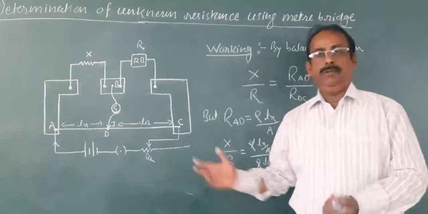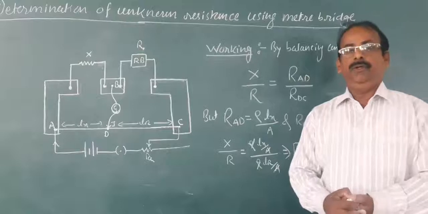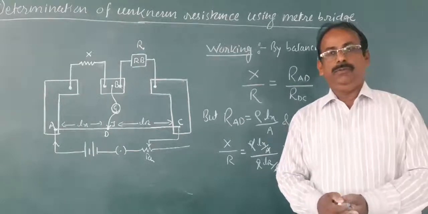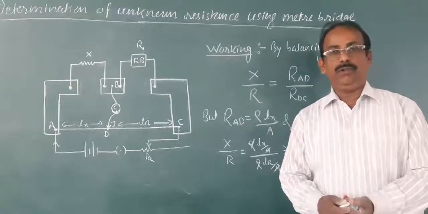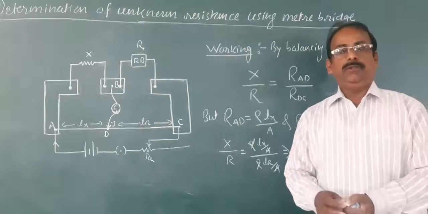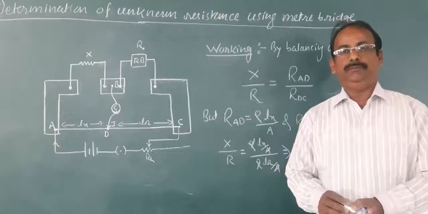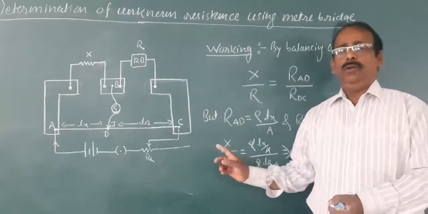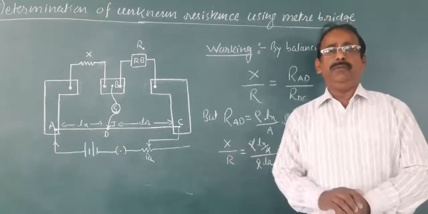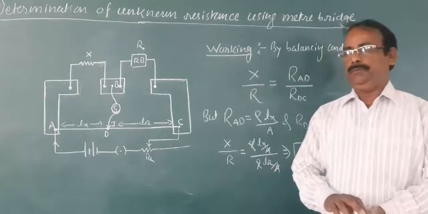This is the meter bridge, which is generally used to determine unknown resistance. It works on the principle of Wheatstone's network. This is the first application of Wheatstone's network.